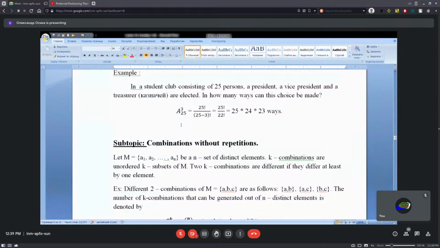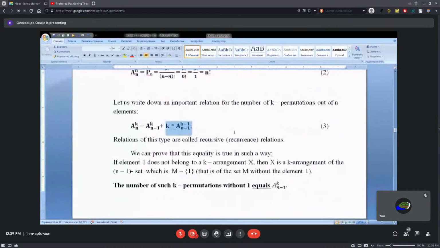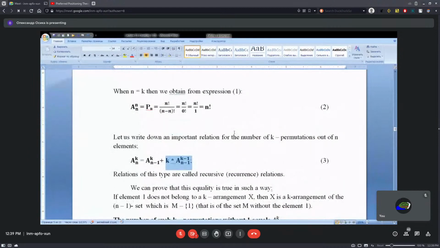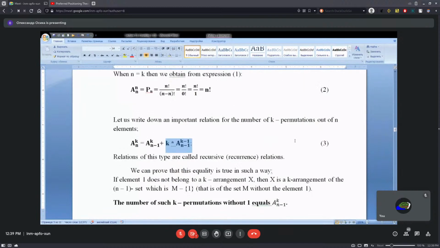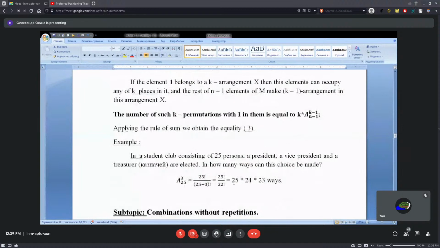It is like this. Either 25 factorial divided by 25 minus 3 factorial, or we can just annihilate unnecessary elements here, and it is 25 by 24 by 23 ways.